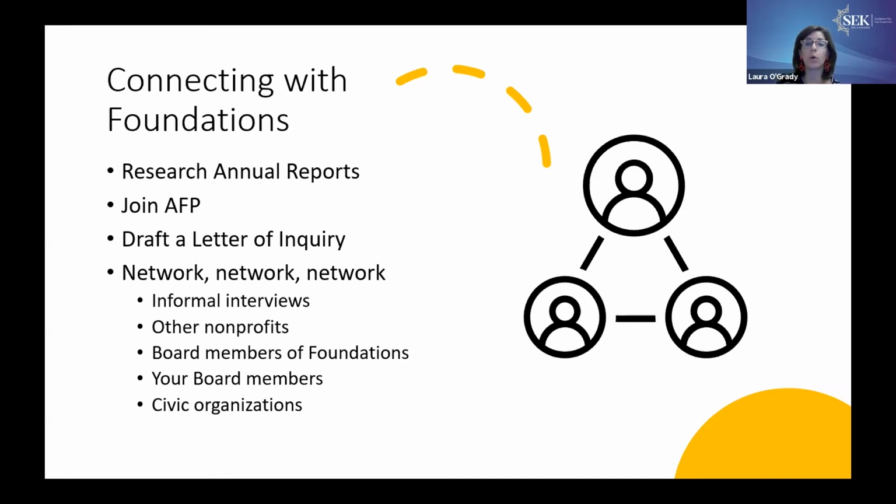You should talk with the board members of foundations and talk with your board members, because you don't always have to do all the heavy lifting to connect out in the community. It's possible that your board members might be able to connect with a board member for somewhere else. And your civic organizations like Rotary and Lions and Kiwanis, they're always a really good resource for sharing your message, and there's usually grant funding available there also.